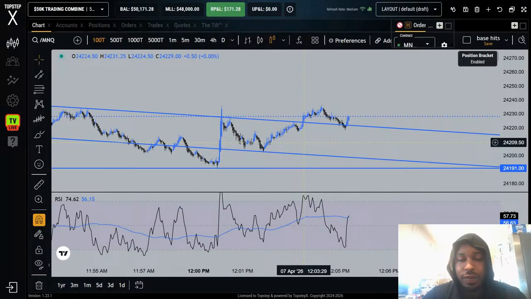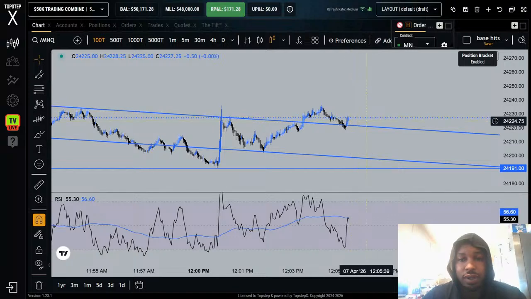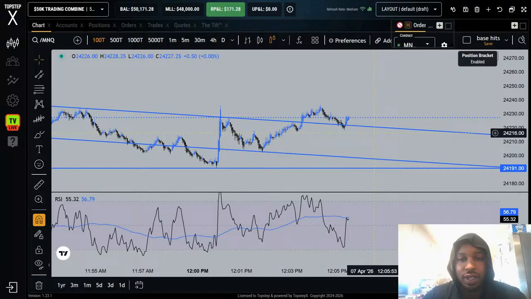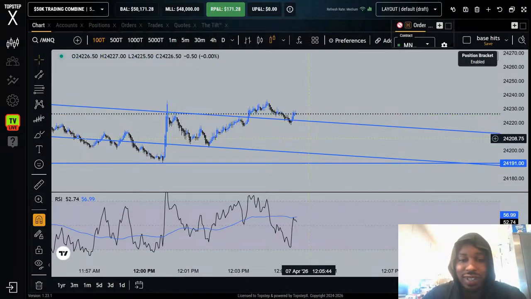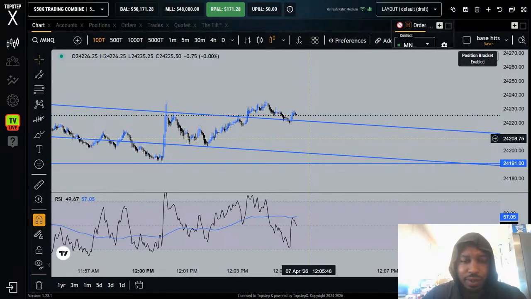I'm either gonna miss out on this trade or it's gonna give me another entry. I'm looking for a bullish divergence.